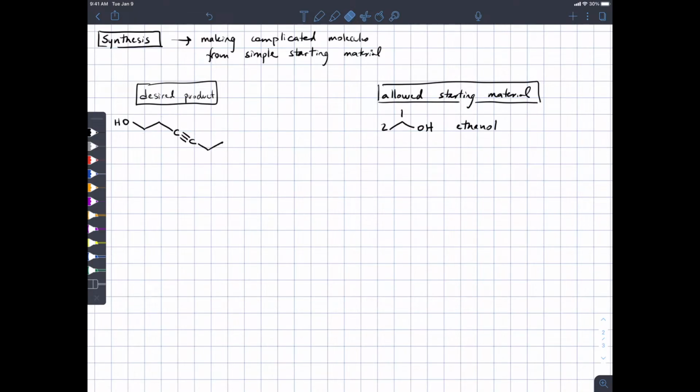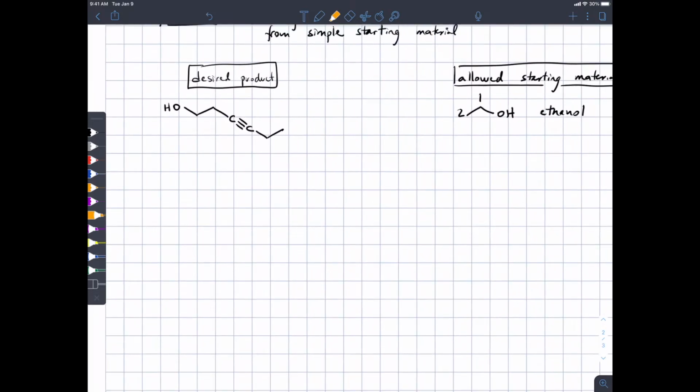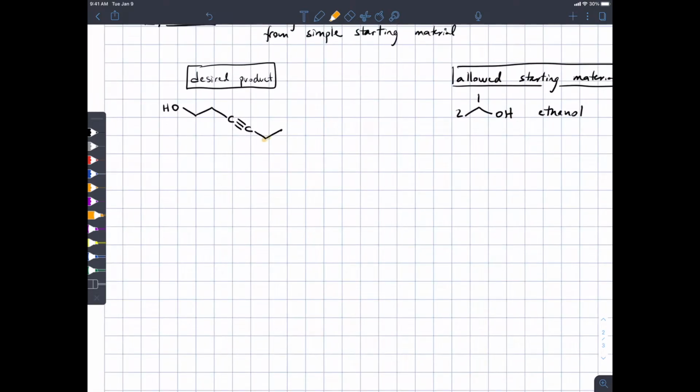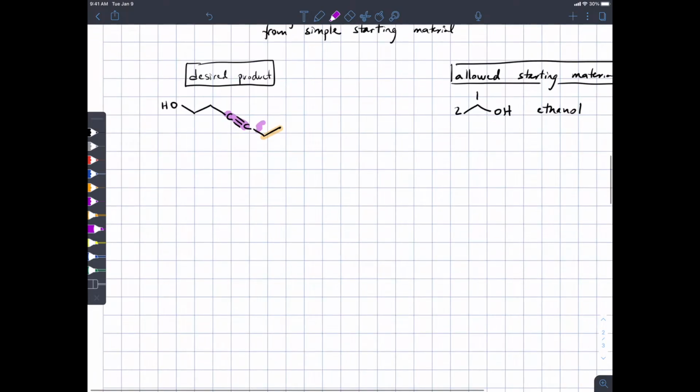And so that suggests that one efficient way of building this molecule might be to get these 2 carbons from my ethanol starting material, and then these, I wanted to change colors there. Then these 2 carbons also from my ethanol starting material, and I would have had to make the bond between the purple section and the orange section.